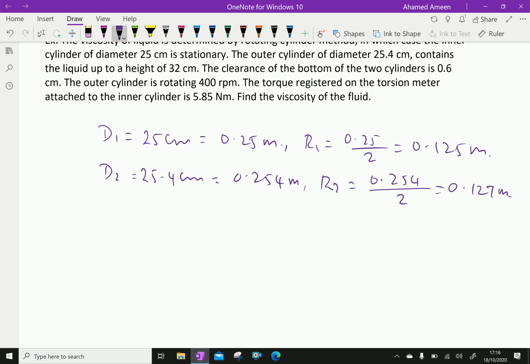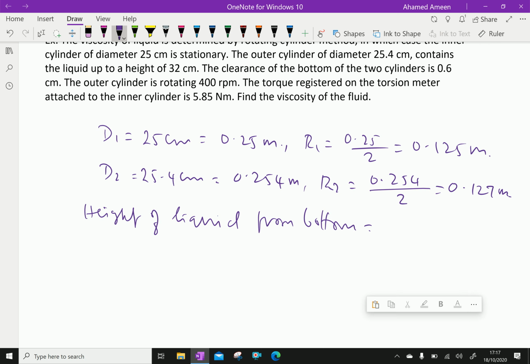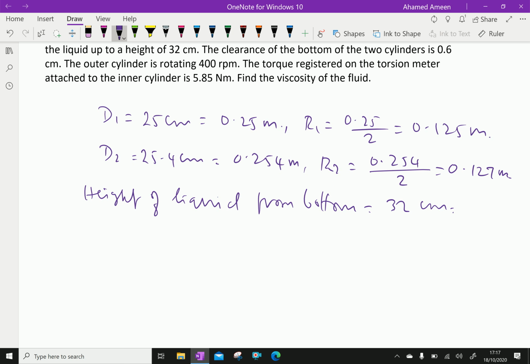The height of the liquid from the bottom is 32 centimeter, which is 0.32 meter. The bottom clearance h equals 0.6 centimeter, which is 0.006 meter.